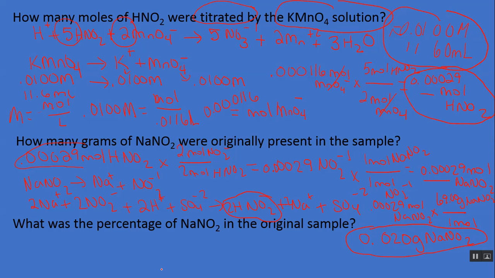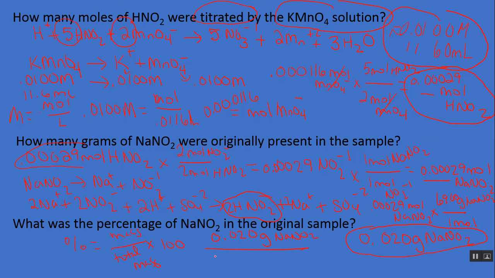All right, last question. What was the percentage of sodium nitrite in the original sample? So percentage should just simply be the mass over the total mass times 100. Our mass of the sodium nitrite was 0.020 grams.